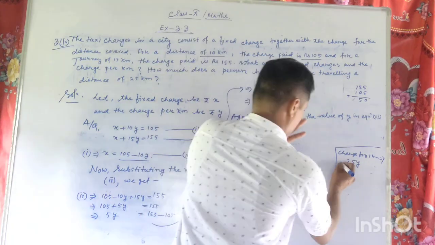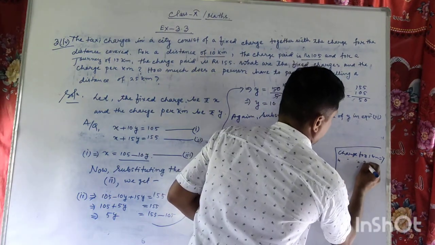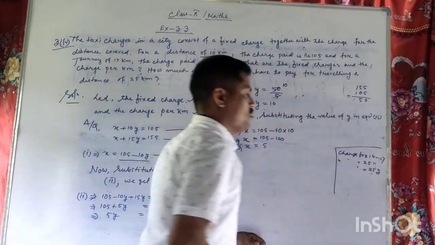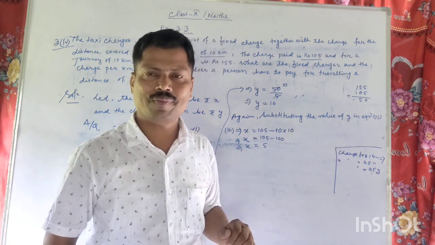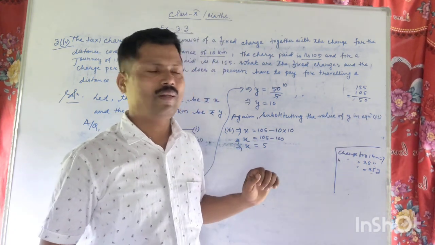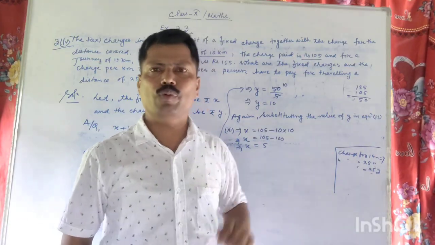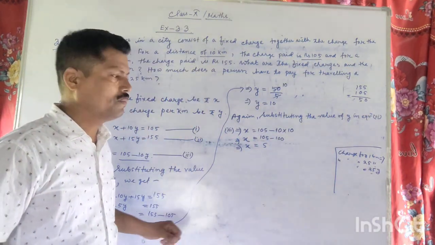So along with the fixed surge, the total fare or total surge will be x plus 25 y. And in the second part we will write now.